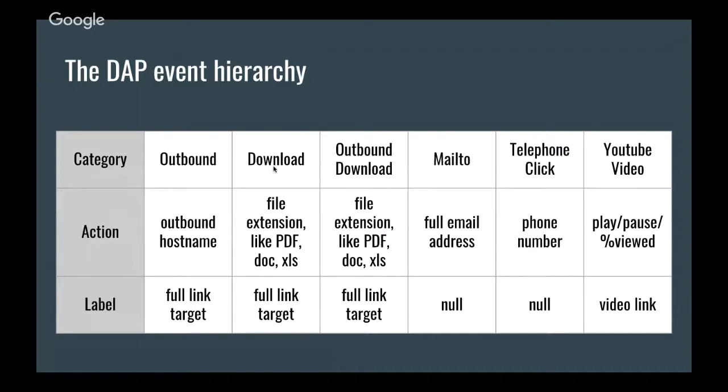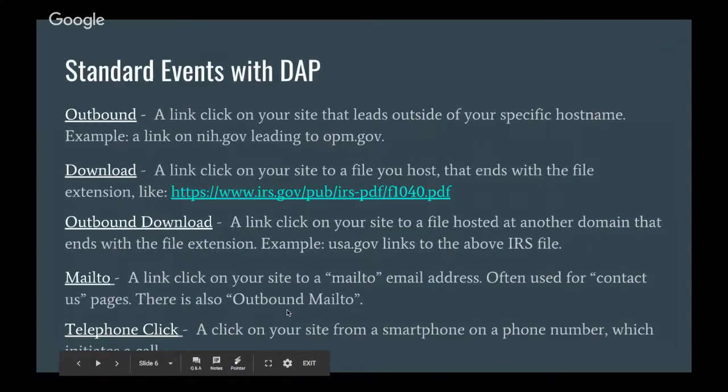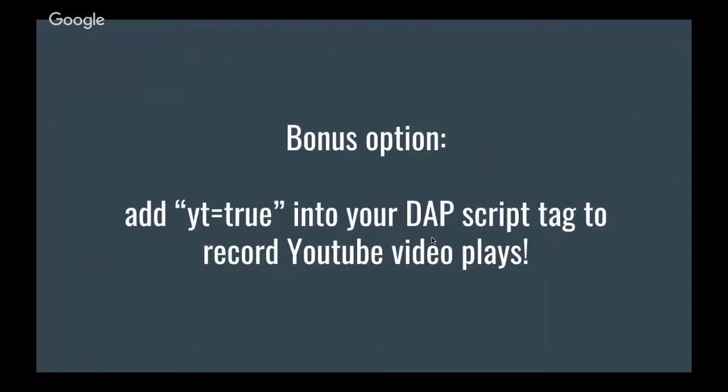When you're looking at the category of download, the action is the file extension. So that's how you can click PDF or doc or XLS or JPEG, whatever it may be. And the label, again, is the full link target. So that's where, in my previous slides, you would get irs.gov/pub/irs/pdf/f1040.pdf. That's where you get that whole listing.